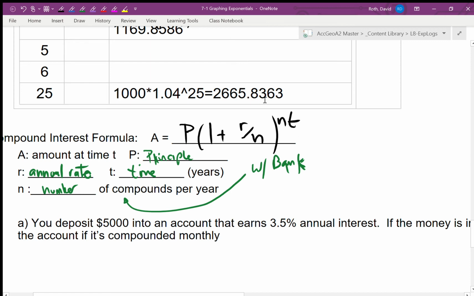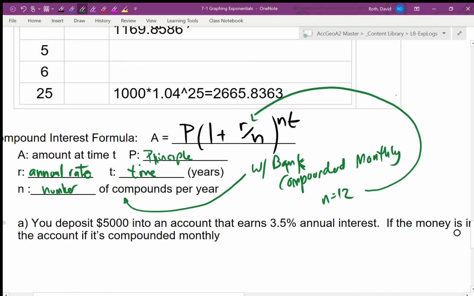So for example, if it's compounded monthly, that's the easiest one to understand, then N equals 12, and what that does is it converts my annual rate into a monthly rate, and then the same thing converts a number of years into a number of months.